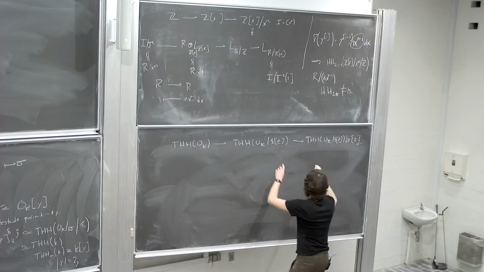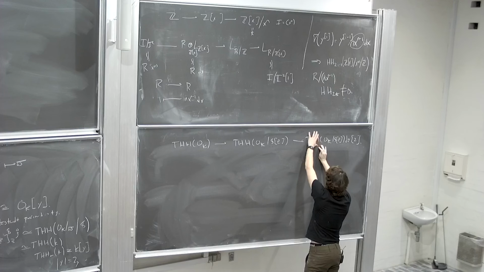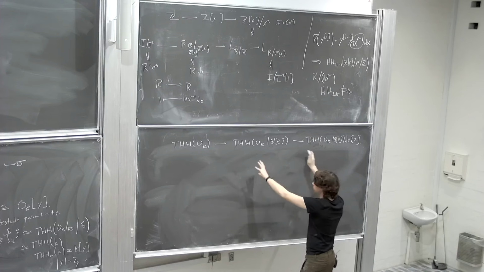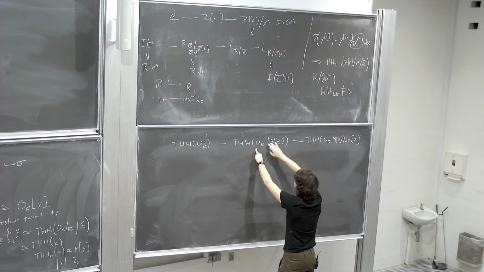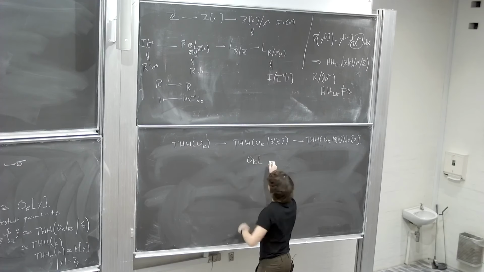And once again, it's a little bit hard to pin down the exact S1 equivariance of this object, but that doesn't matter for this specific computation. They have the same homotopy groups, and we know the homotopy ring of this is O_K adjoin y.